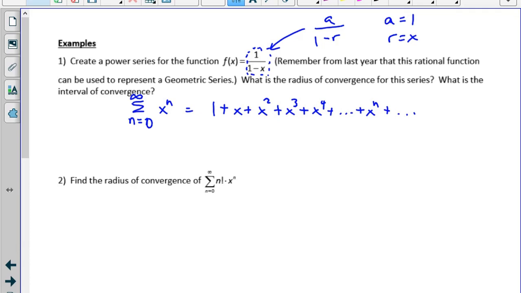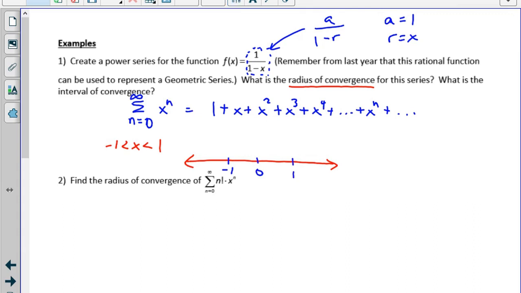So since this is a geometric series, I can check for the interval of convergence. The interval of convergence is between -1 and 1. So if it's asking for the radius of convergence, if I look at a number line, this converges centered at 0 between -1 and 1.